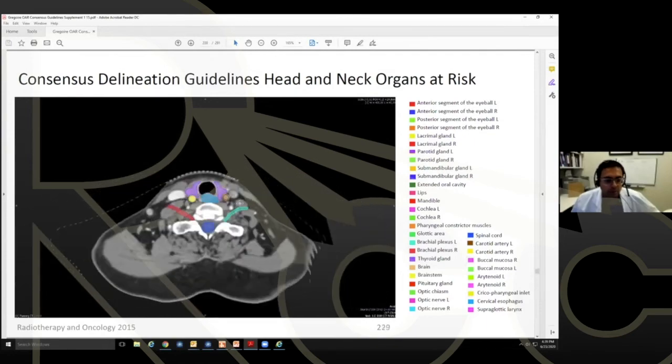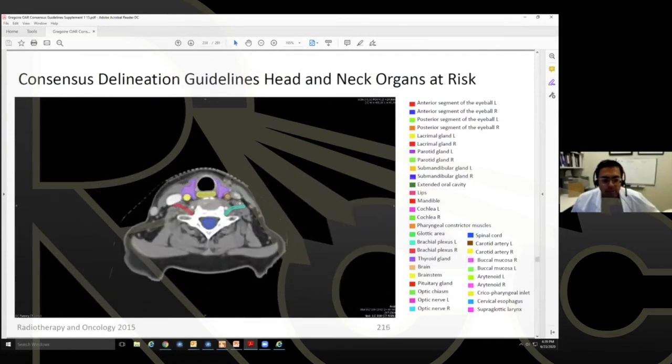Now, what kind of dose tolerance would anyone use for the brachial plexus? You'll see people will use anywhere between 60 to 66 gray. Here in the head and neck, I use a point dose, a max dose of 66 gray to the brachial plexus.